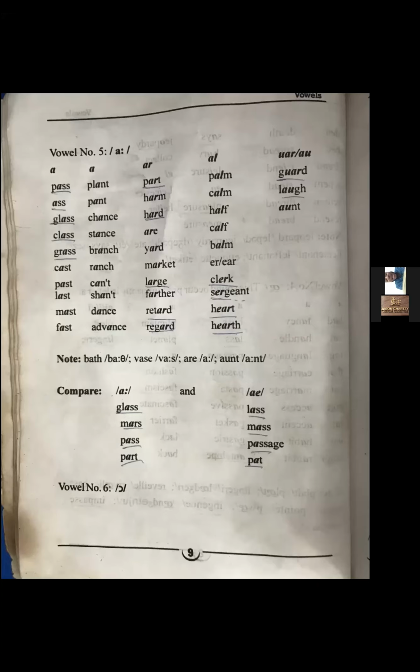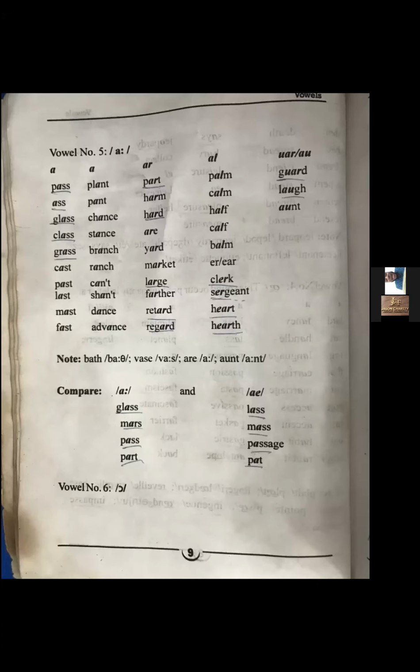Then I would like to do a comparison of the long A sound and the short A sound. Just listen to the way I'll pronounce these words.